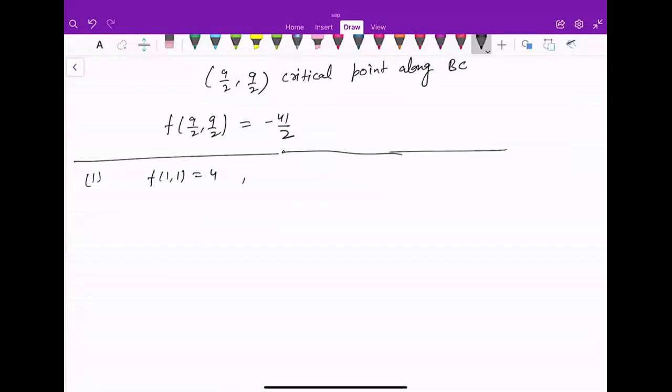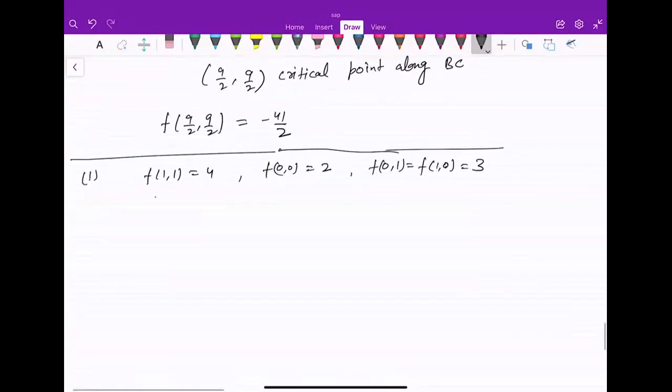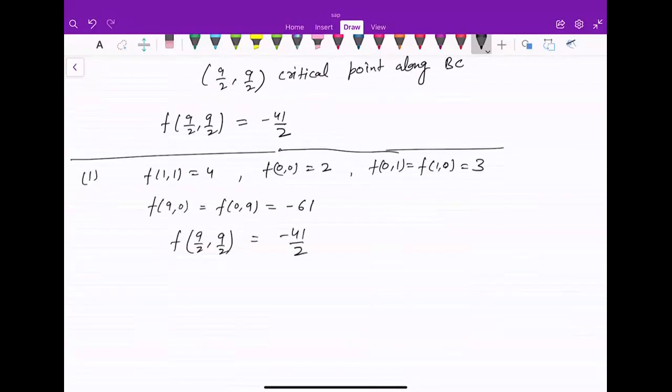f of 0 0, it is what? 2. f of 0 1 or f of 1 0, they are the same. This is coming out to be 3. f of 9 0, f of 0 9, it is coming out to be -61, and f of 9/2, it is -41/2.